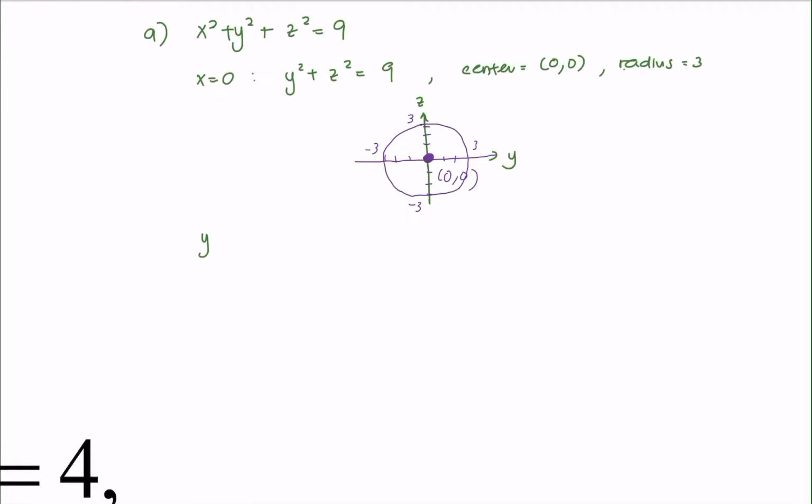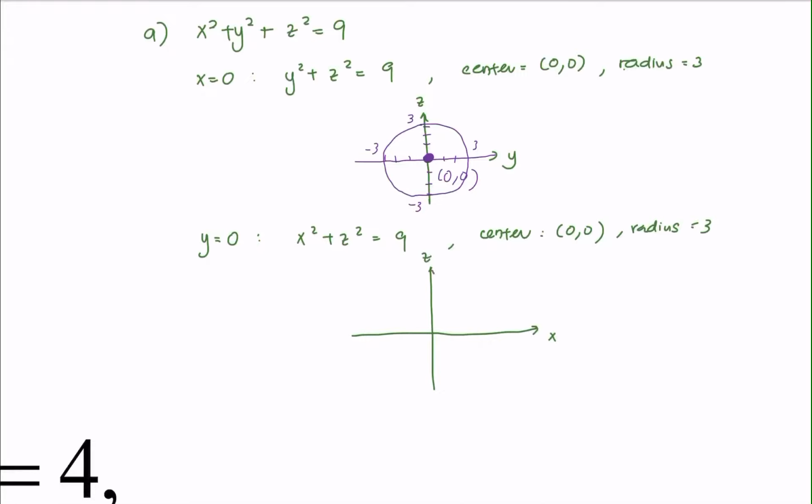Now let's look at the plane of y equal to 0. What happens? We'll have x squared plus z squared equal to 9. Again the center is at 0, 0, so this is the equation for the circle. We need to sketch a circle at the center of 0, 0 and radius 3. This time we have x and z, and we still have a circle at center 0, 0.